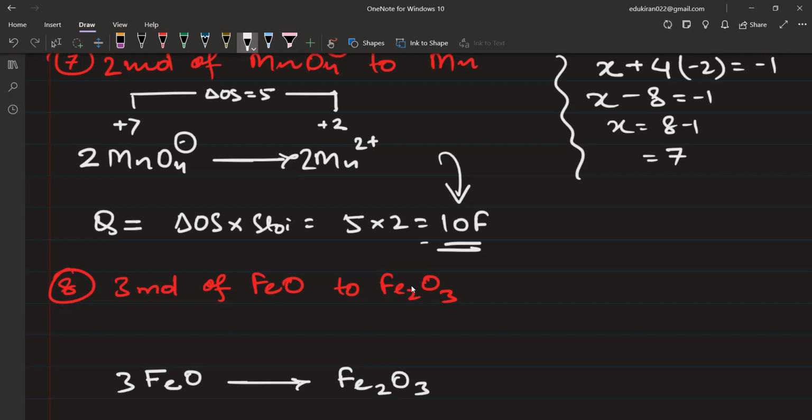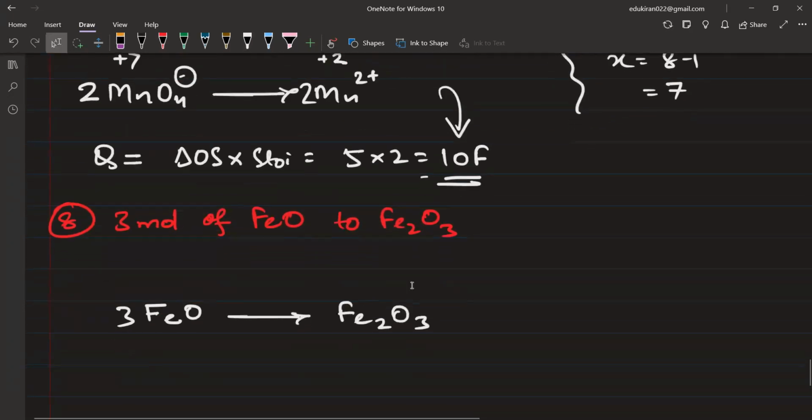There is 3, so I can just do what? So we need oxidation state. So for iron, it is going to be what? Plus 2 here, because oxygen is minus 2. And plus 2 and minus 2 are going to be neutral. That is why plus 2 here.